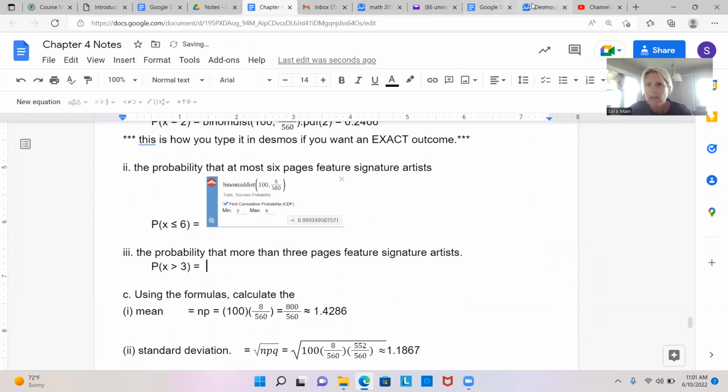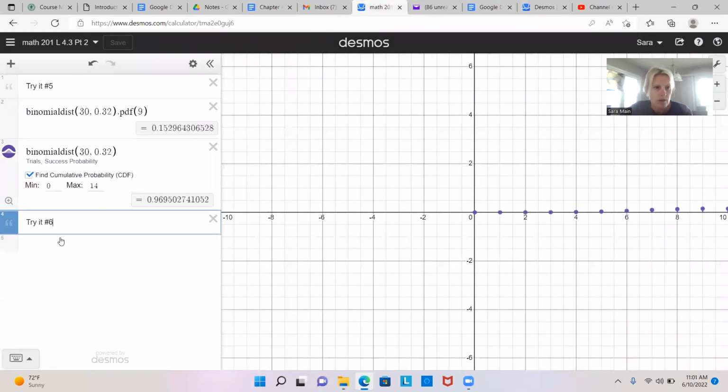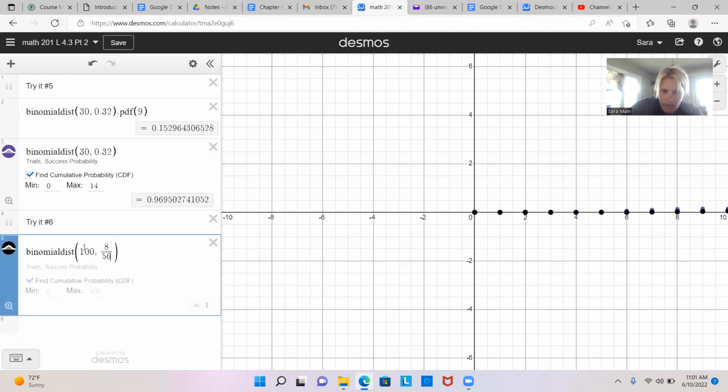That'll get corrected. And that's going to be here in the Desmos. So we're going to do four. So we're going to do cumulative. And it is 100 is our sample size. And it's 8 out of 560 are actual signature ones. And we want to go 4 to 100.